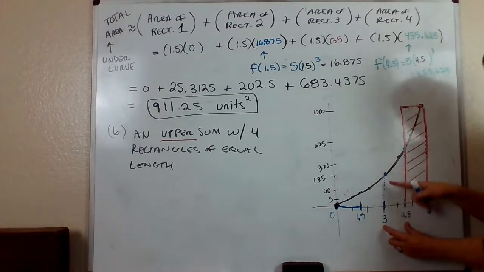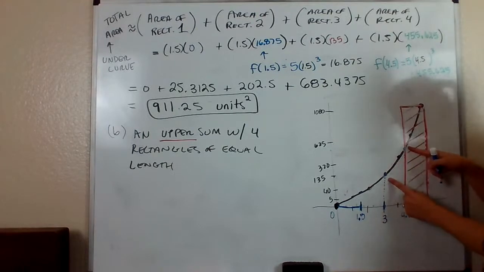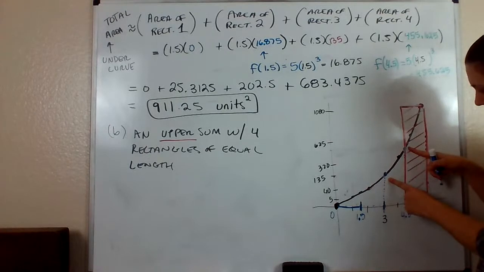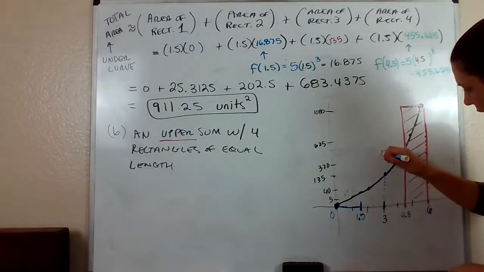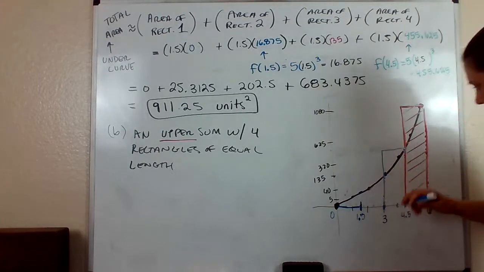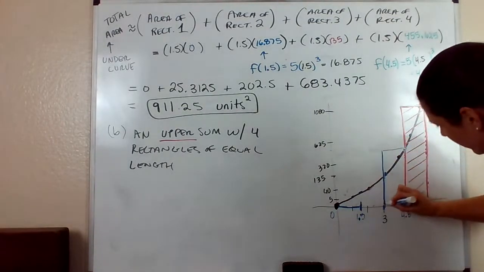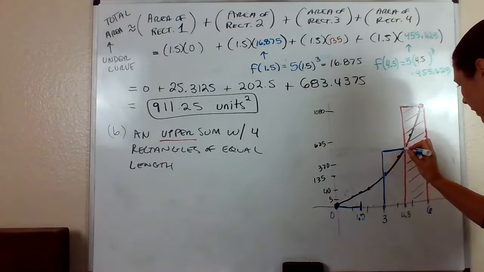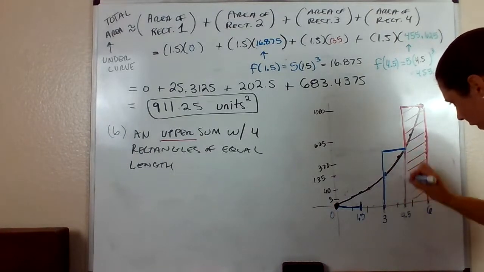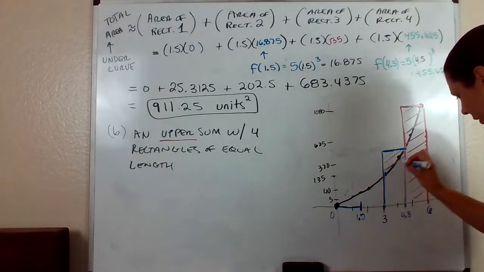The end point on the left is here, the end point on the right is here. This time again, I'm told to pick the upper part of my rectangle. So I have to pick this one up here. So I have to draw that one as my height. And so this blue rectangle is my next one. Okay, let's go ahead and color that a little bit.